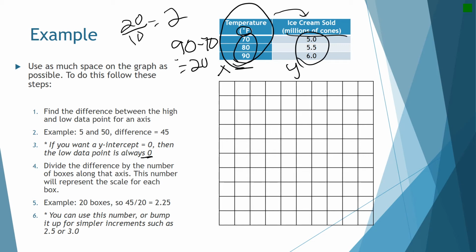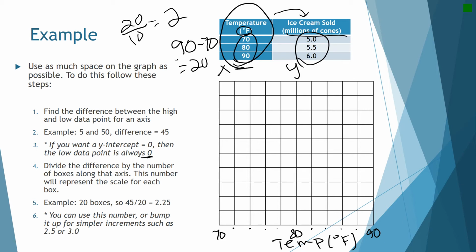Okay, so this one right here is going to be 70. And then I'm going to just do every 5 because I don't have a lot of space. So this would be 72, 74, 76, 78, 80, 82, 84, 86, 88, 90. So did I go from 70 to 90? Yes, I did. I need to now make sure I label it, and I'm going to put my temperature down here, and I'm going to put degrees Fahrenheit. Okay, and I used up the whole box range.